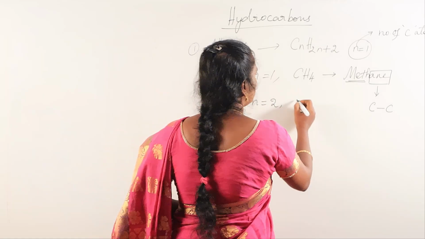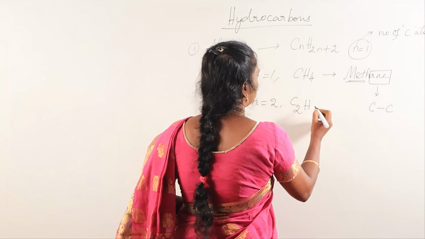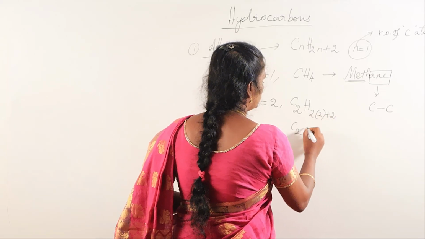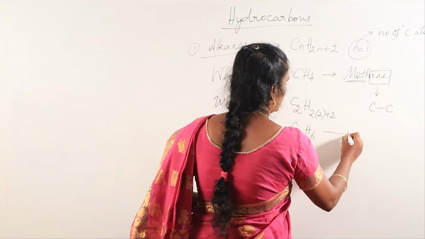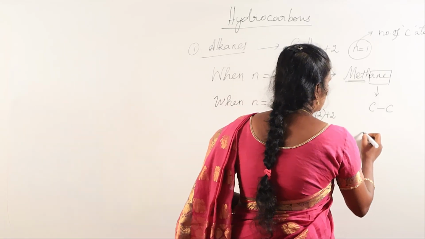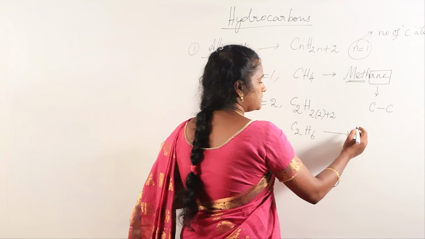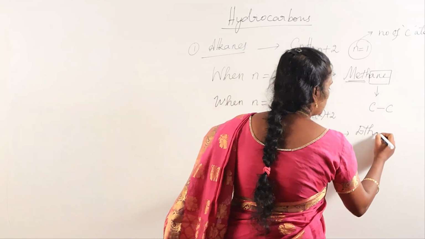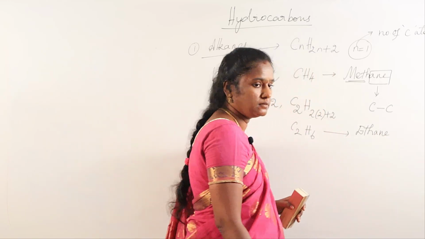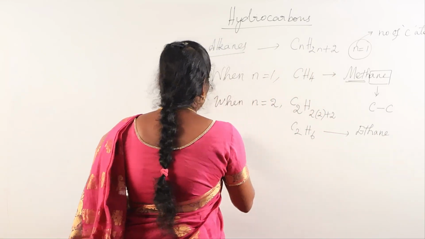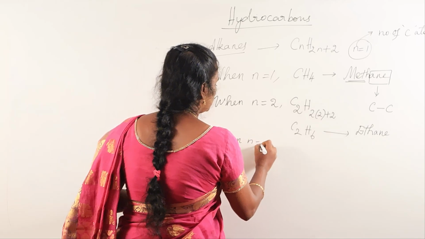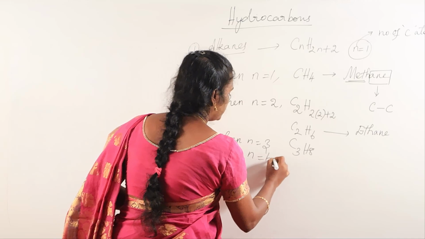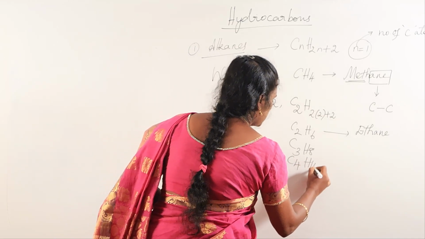we get the formula C2H(2×2+2), so C2H6. Carbon number 2 means the name is eth, and carbon-carbon single bond, ane. So ethane. Likewise, when n is equal to 3, we get C3H8. n equal to 4, C4H10.